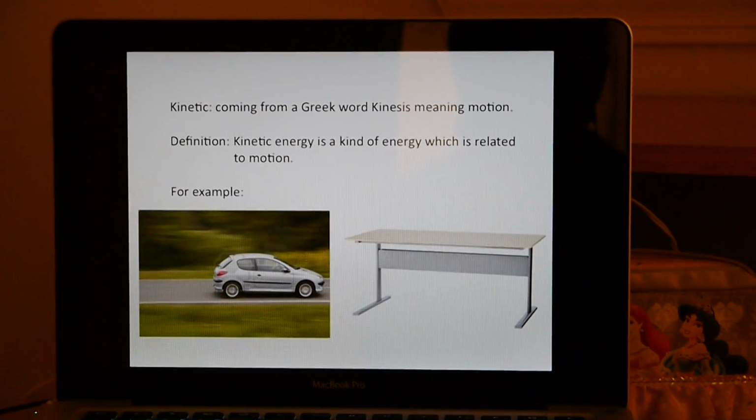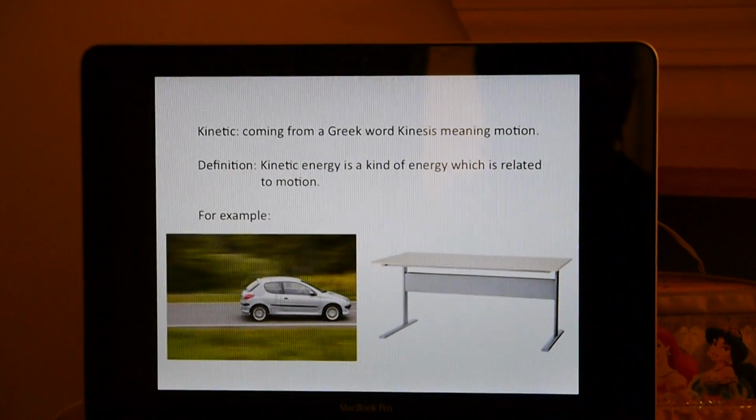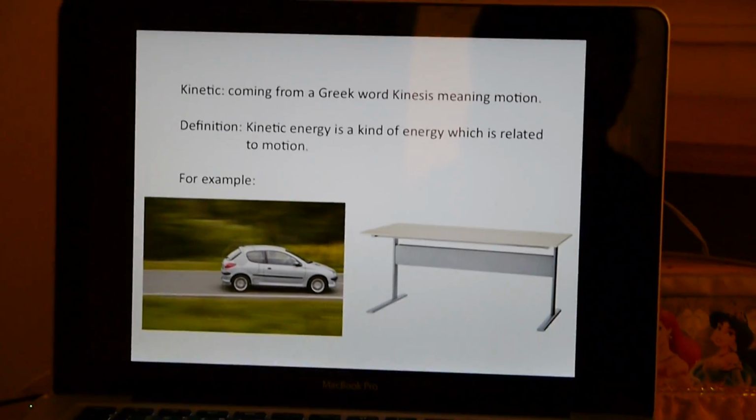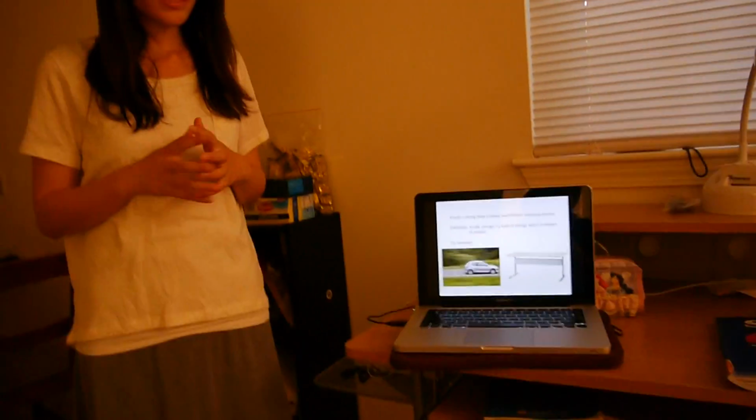Kinetic energy is defined as a kind of energy which has something to do with motion. As long as an object is moving, it has kinetic energy. In contrast, if the object is at rest, it has no kinetic energy.